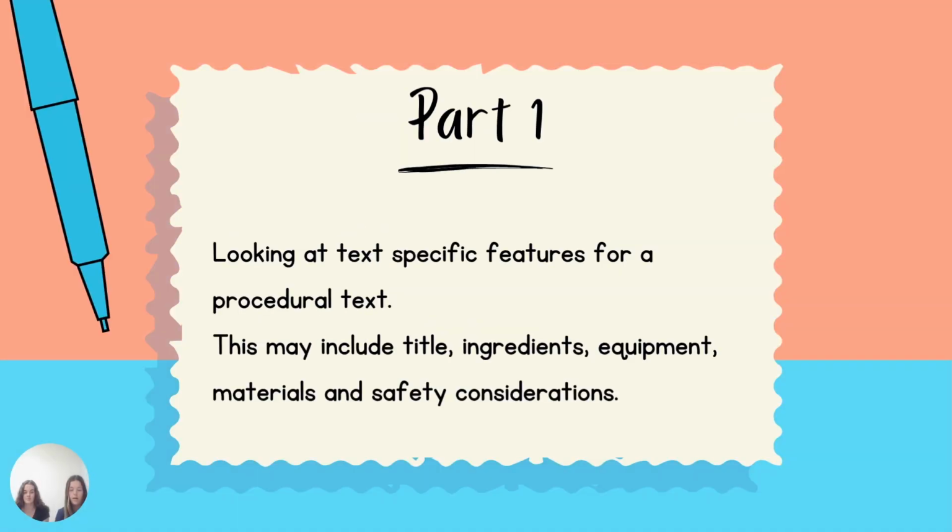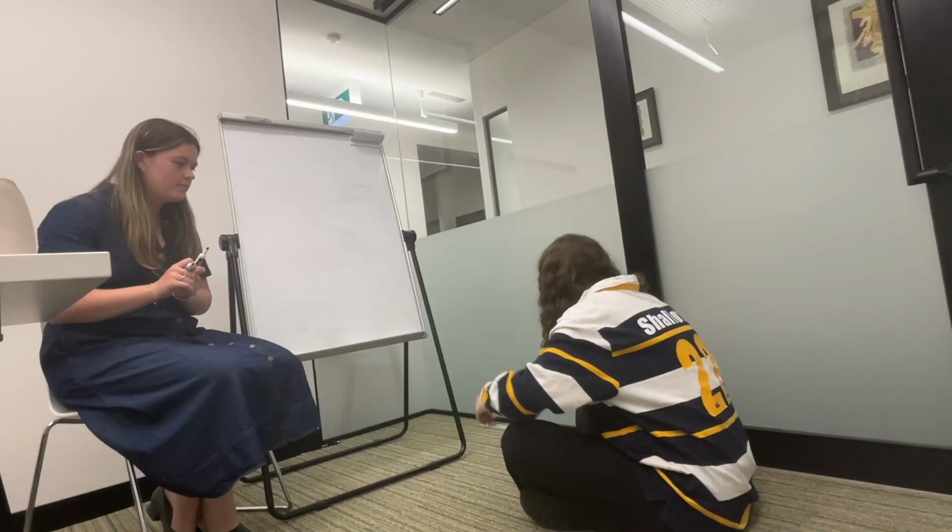Our learning intentions for today's lesson is that I will learn about creating a procedural text, features of a procedural text, and developing a sequence of instructions. And our success criteria is, by the end of the lesson, I can develop a structured procedural text. Part 1 by Miss Smith will look at text-specific features for a procedural text.